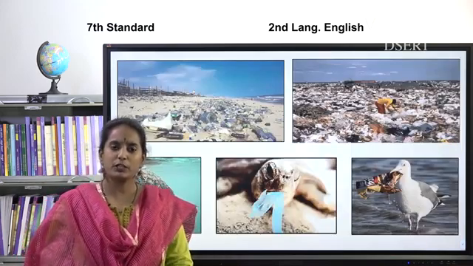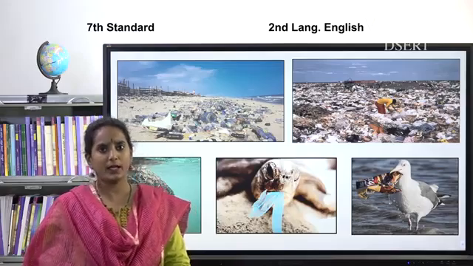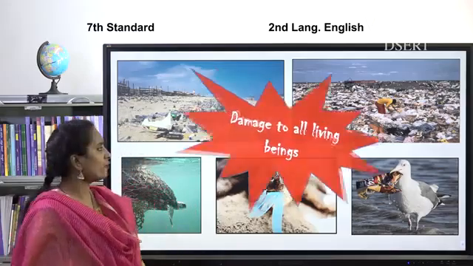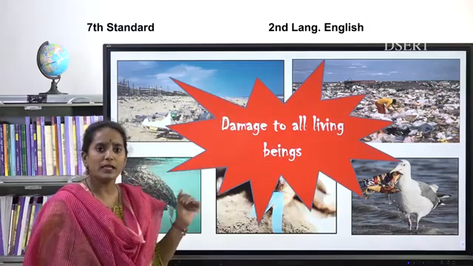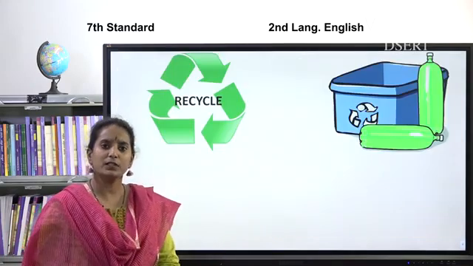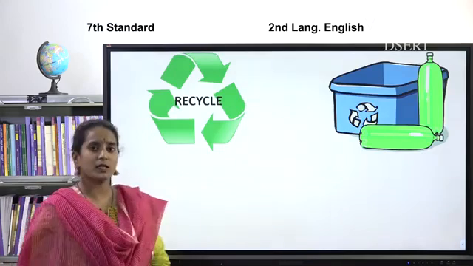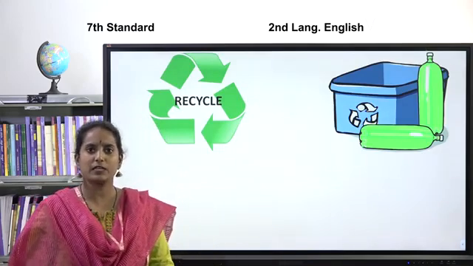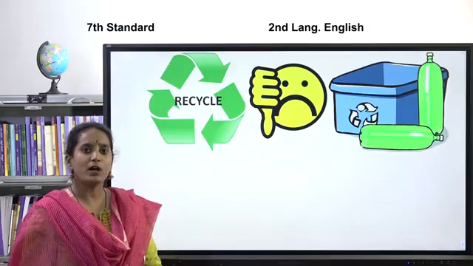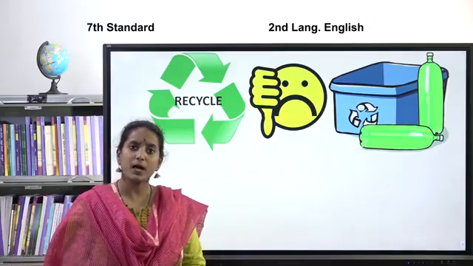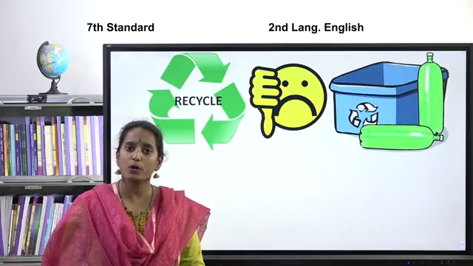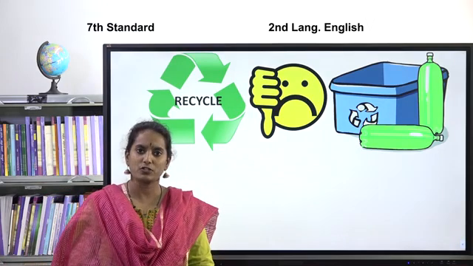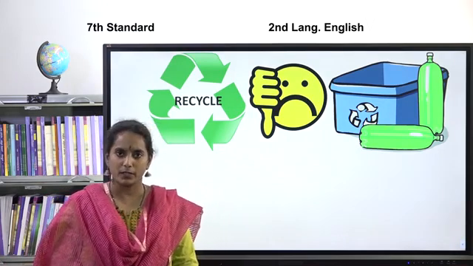The plastic that we use and throw here and there is causing a lot of damage to all living beings. Even the recycle of plastic is causing a lot of problems, as it degrades the quality of plastic and it demands the production of more plastic to manufacture the original product.